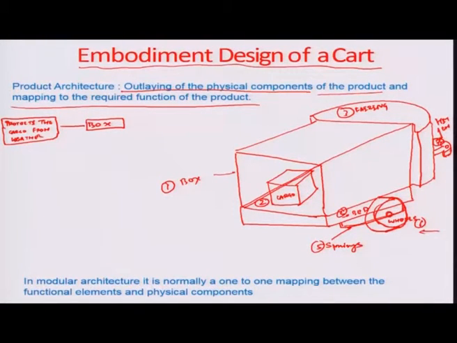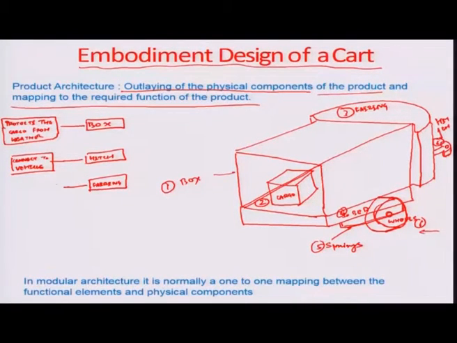Okay. Then you have of course, the hitch, which has a functionality of connecting to the vehicle. So, you connect the hitch to the vehicle. Okay. Then of course, you have the fairing, which is a component used for reducing the aerodynamic drag.